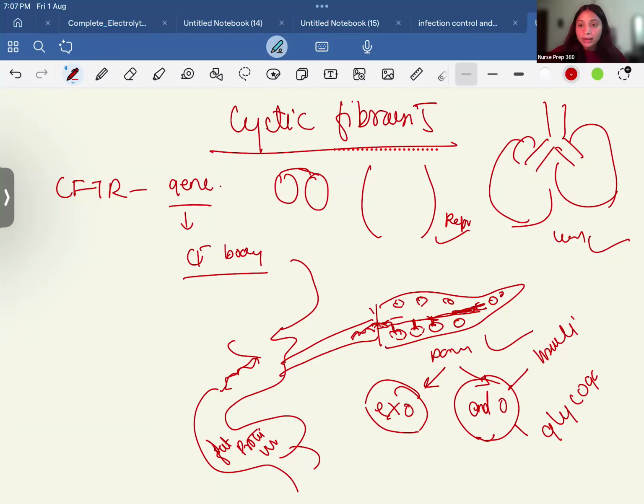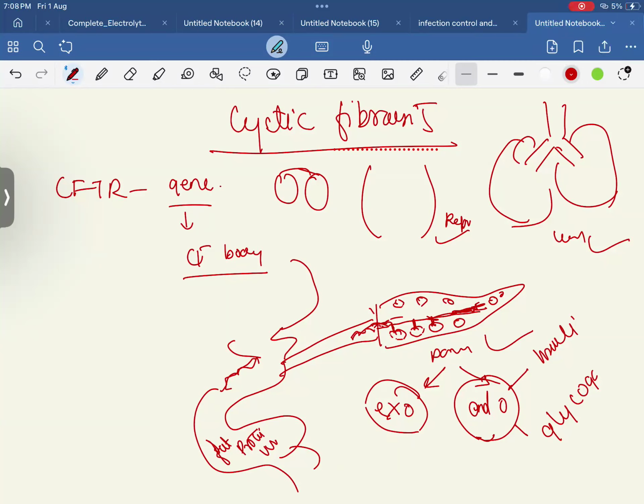Write it down: malnourishment. If a patient is unable to break down fat, will the patient be able to absorb the fat soluble vitamins? Will your body be able to take fat soluble vitamins?